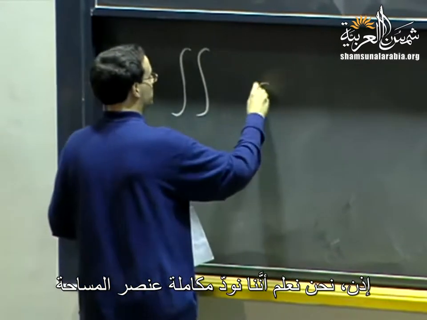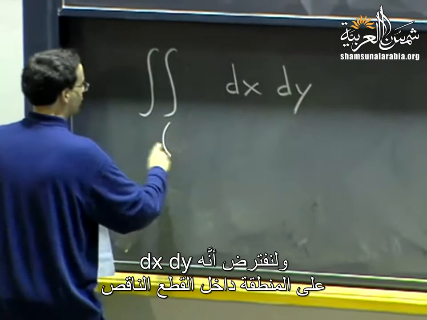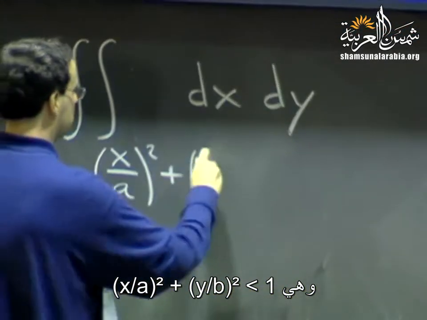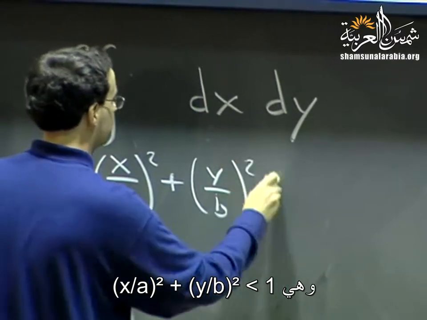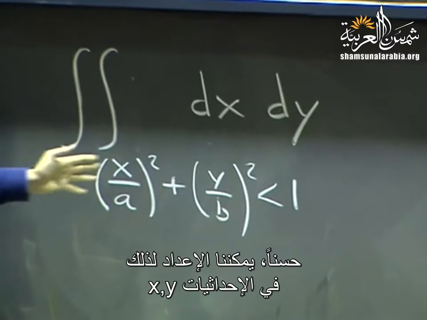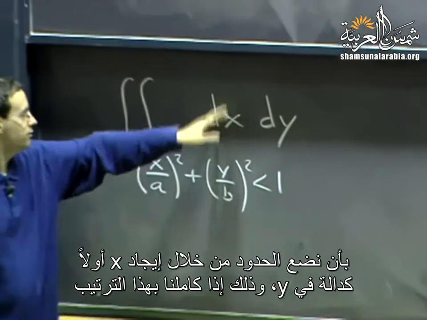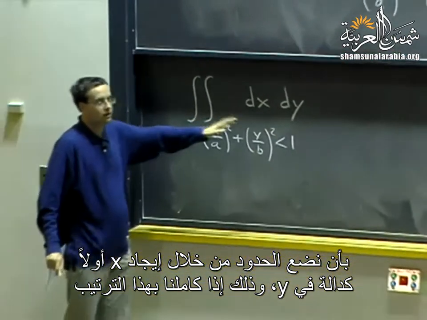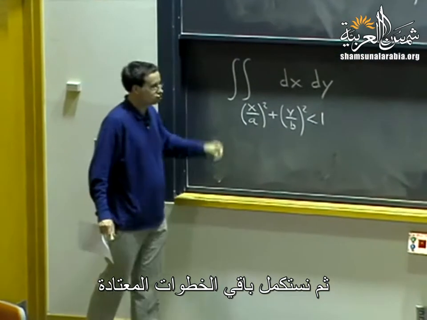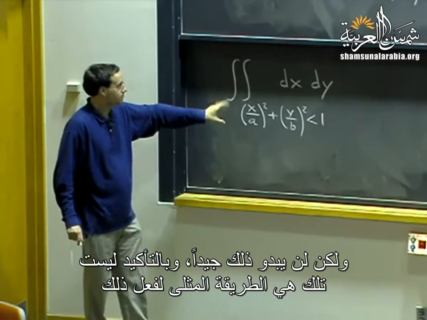So we want to integrate just the area element, dx dy, over the region inside the ellipse, that's (x over A) squared plus (y over B) squared less than 1. Now, we can try to set this up in terms of x and y coordinates, set up the bounds by solving first for x as a function of y, and do the usual stuff. That doesn't look very pleasant, and it's certainly not the best way to do it.